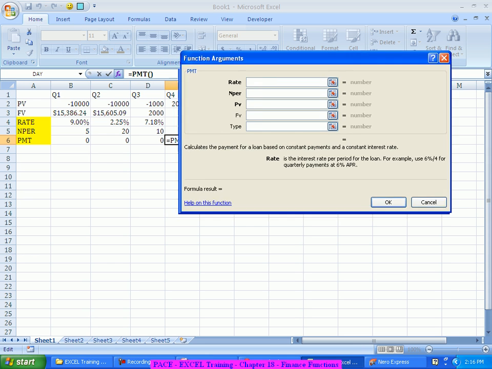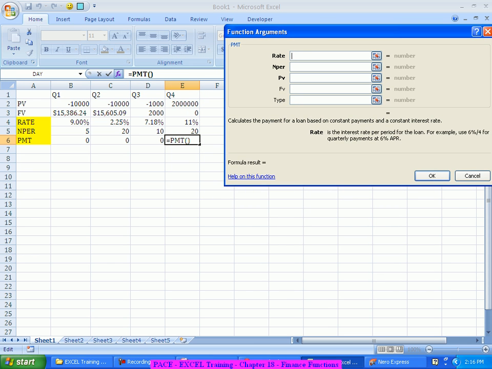The rate, I can take the annual rate and divide by 12. This will become the monthly rate. Similarly, periods, these are years. Multiply by 12, I'll get months, right?